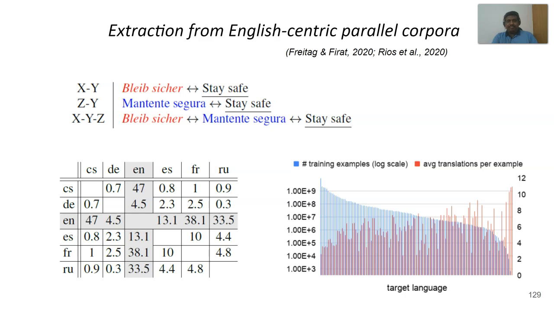What you see on the left bottom is some stats from WMT data for a few languages. The gray cells are the English-centric data sets, which are in the order of tens of millions of sentences. But through this simple pivoting process, we are able to discover a decent amount of translation data directly between many language pairs as well.